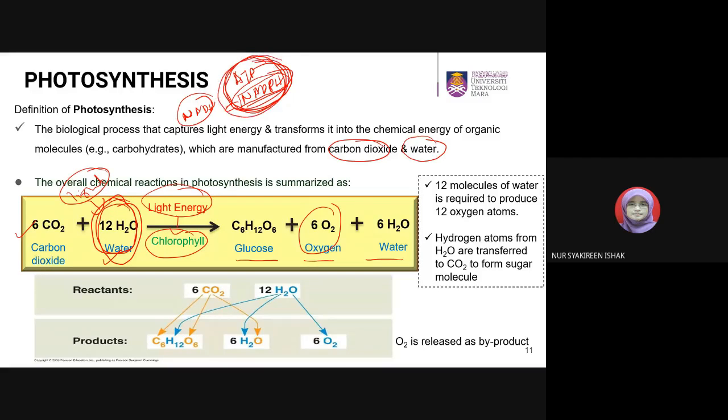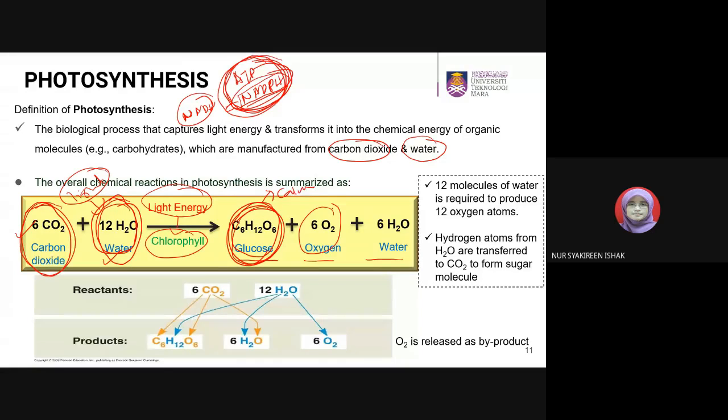So these two molecules will be used during the Calvin cycle, and the Calvin cycle will consume carbon dioxide, and the carbon dioxide will produce glucose. Okay, during the Calvin cycle, it is to produce glucose. So glucose is actually produced during the Calvin cycle.